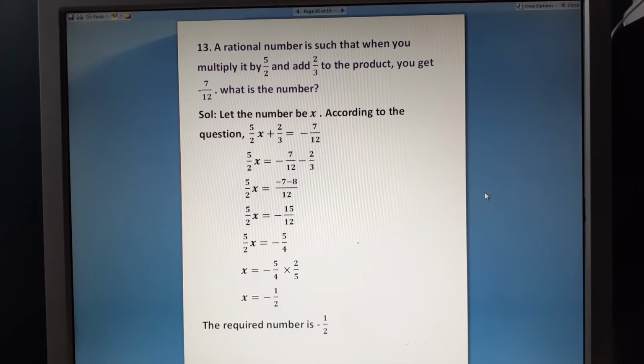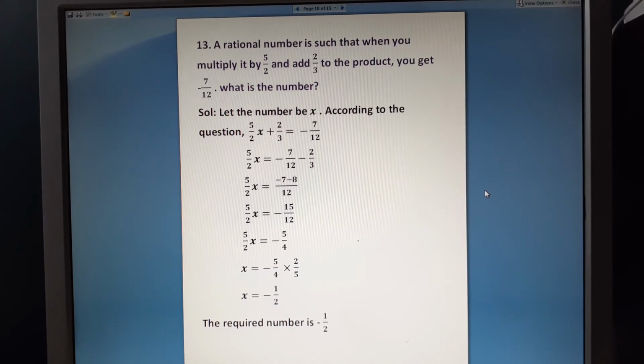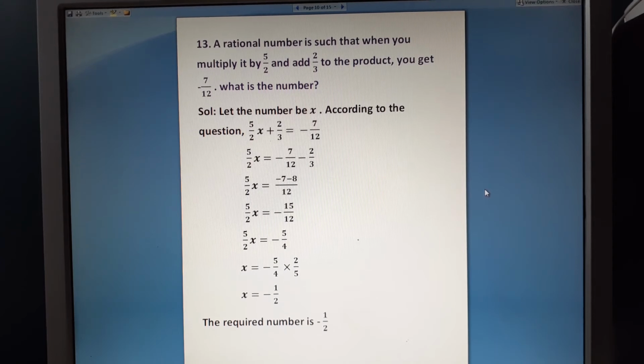13th problem. A rational number is such that when you multiply it by 5 divided by 2 and add 2 by 3 to the product, you get minus 7 divided by 12. What is the number? Solution.